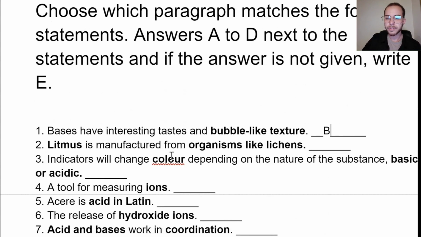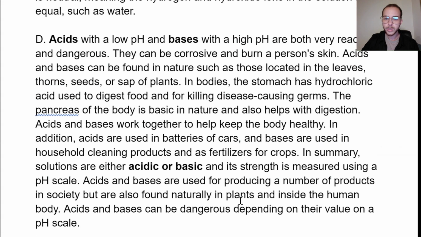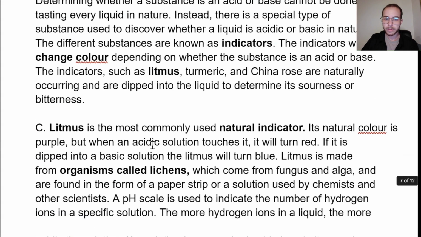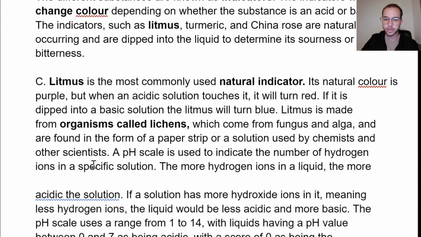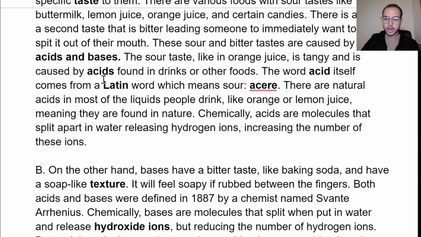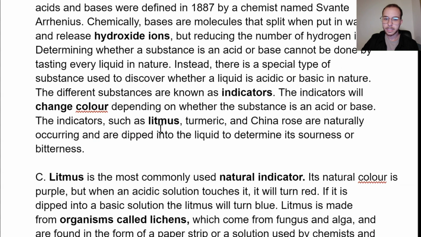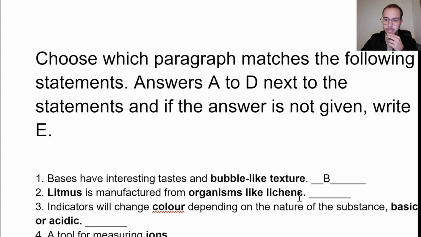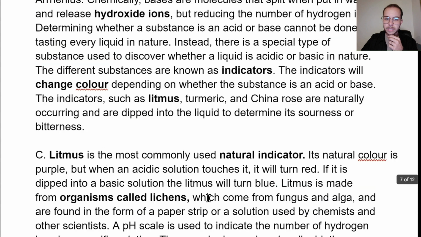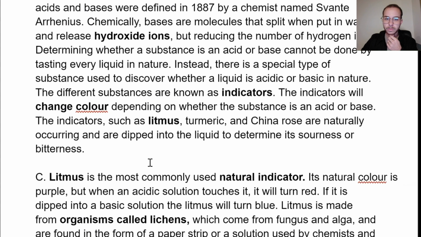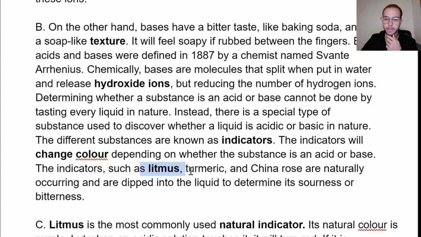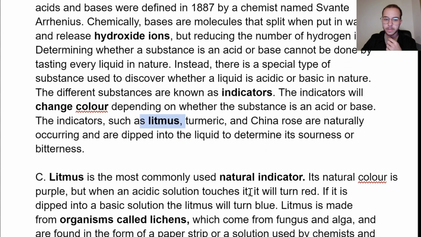Litmus is manufactured from organisms like lichen. We already know that two paragraphs talk about lichen. I think it was two. Oh no, they had Latin. Where did we highlight? Litmus. Was it called litmus? Lichen's organism. Litmus. Yeah, okay, so indicators.